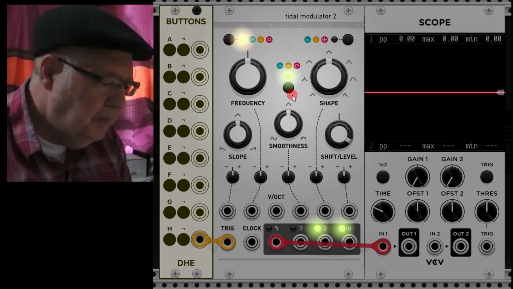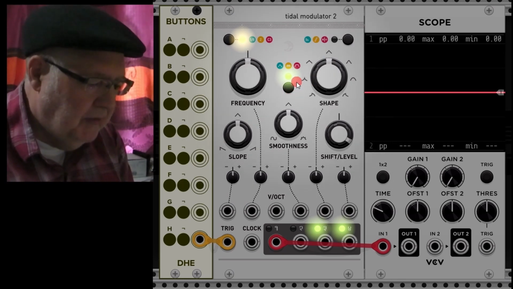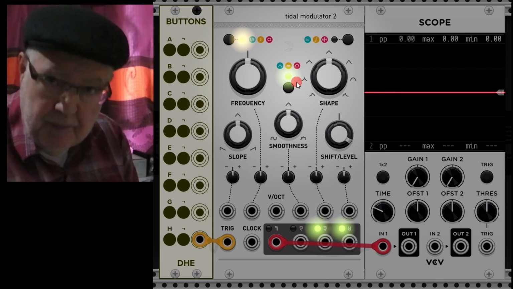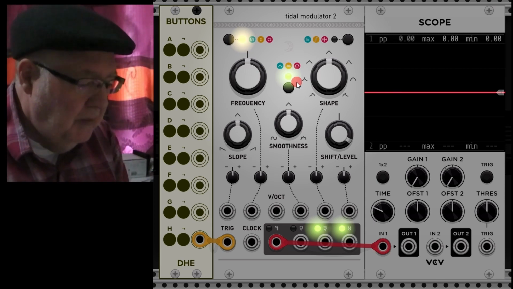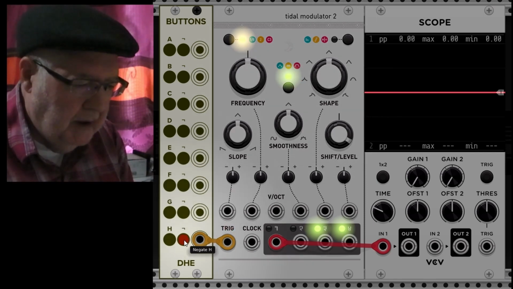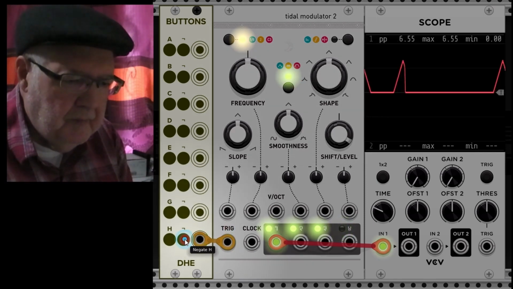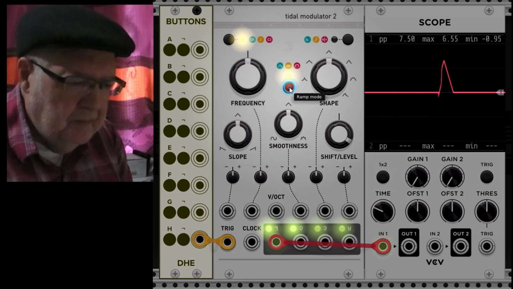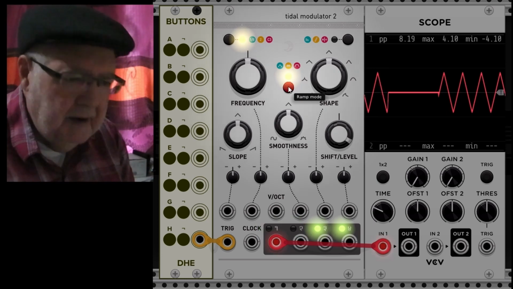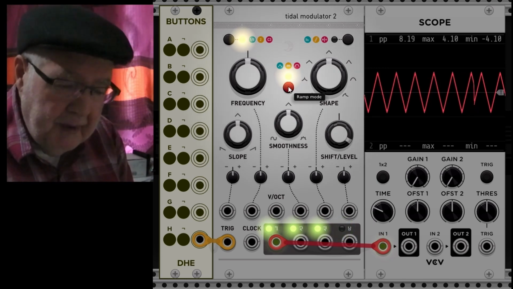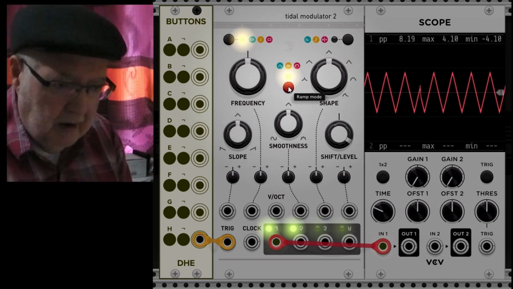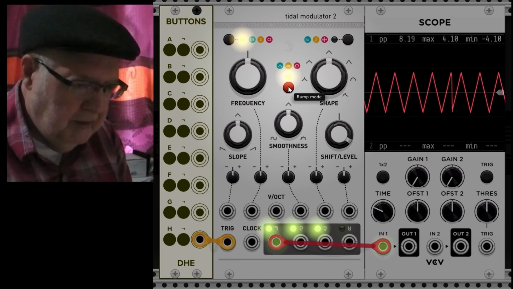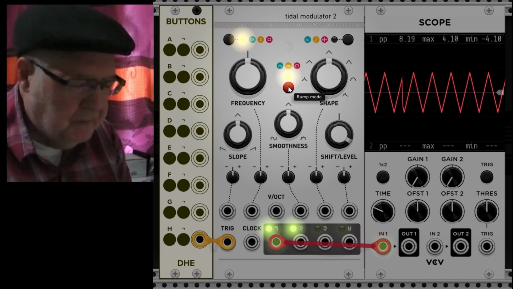The button in the upper middle here sets the ramp mode, meaning we switch between one-shot attack decay, unipolar, only positive voltages, with the LED lit in green. Let me trigger one. Once again. The next mode is the orange or yellow mode. Then the envelopes are cycling, looping, and they are bipolar, from minus to plus voltages, with the LED in yellow or orange.